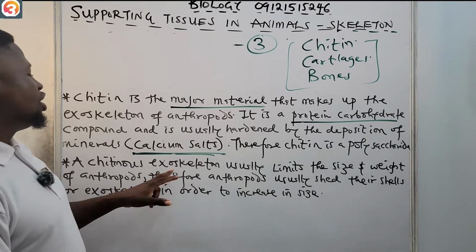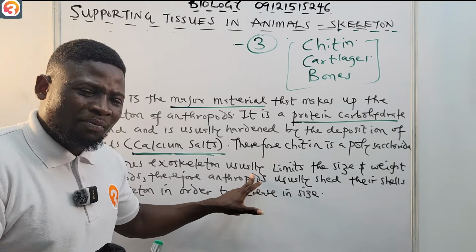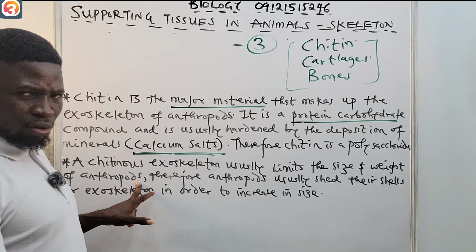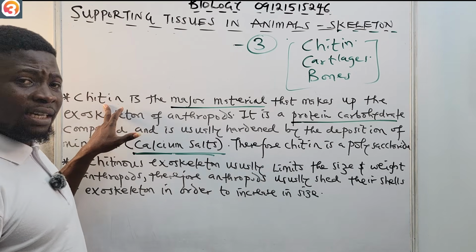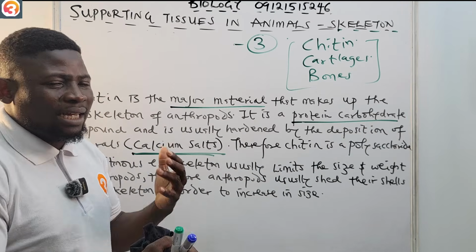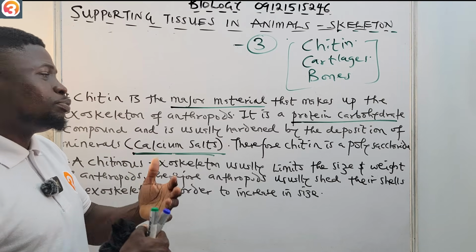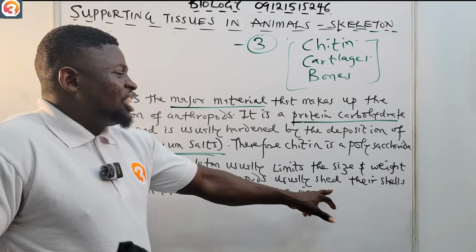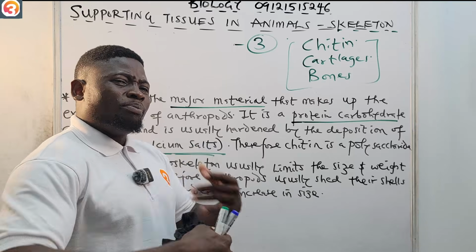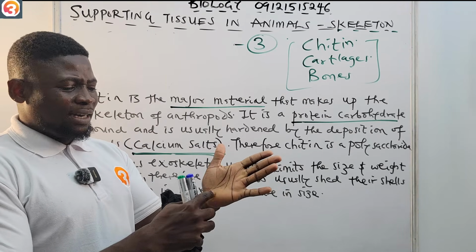As you can see here, a chitinous exoskeleton usually limits the size and weight of the arthropod. Because this chitin is very hard, it limits their growth, their size and their weight. So for those arthropods to grow, they usually shed, just like sometimes you see your hand peeling.